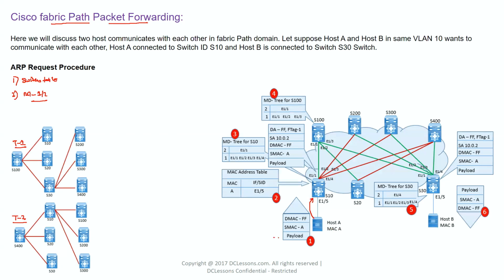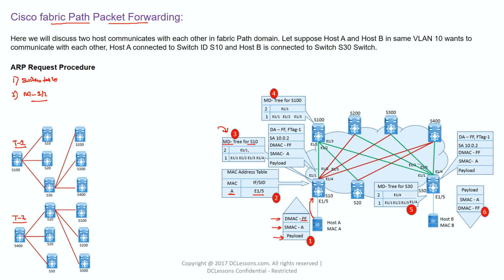So this is my ARP request, this is my source MAC address, which is host A, and the destination MAC address is FFFF. Once the ARP request reaches switch ID 10, it will learn the MAC address on Ethernet 1/5, and because this is a broadcast packet, it will consult the multi-destination tree.